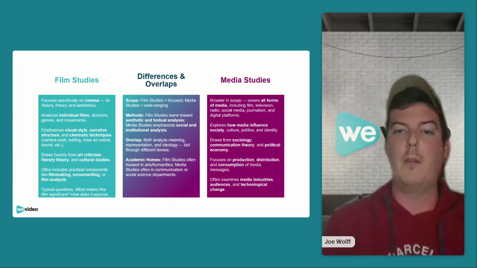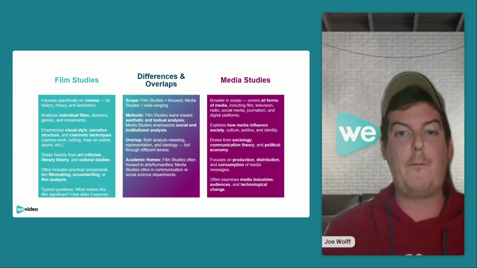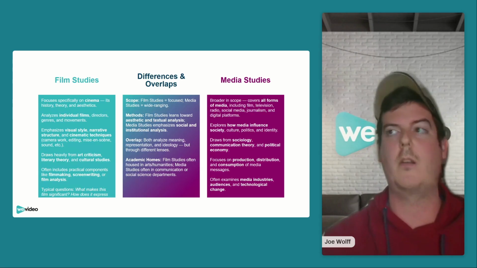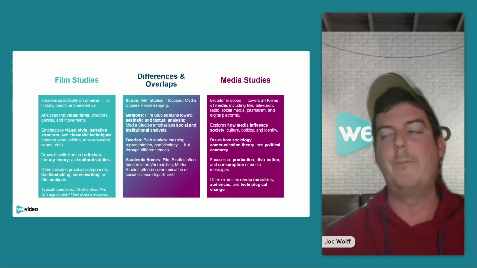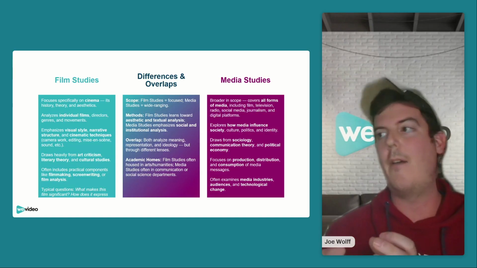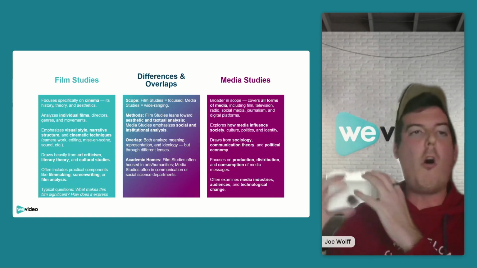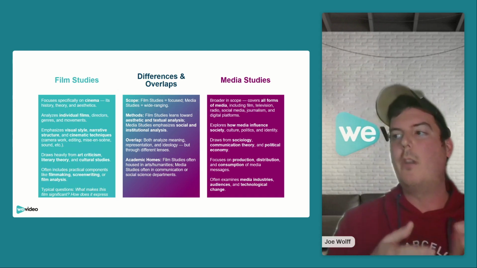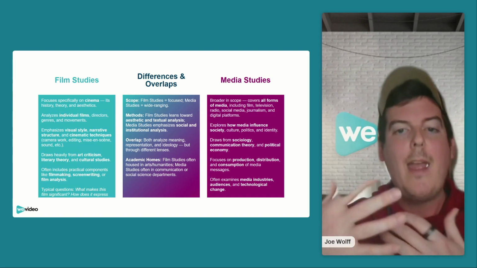They were consuming television. They were on their phones, consuming social media scrolls, short videos. So I needed to broaden it so that we could cover all forms of media. So not just film, not just television, a little bit of social media, journalism, advertising.